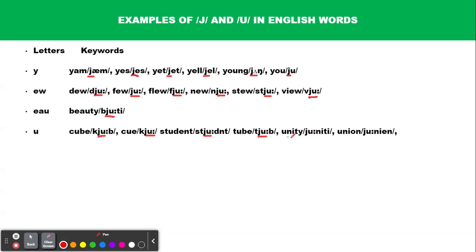unity. Here we see that U, even occurring at the initial position of certain words, will give us a combination of J and U, as we find in unity, union.